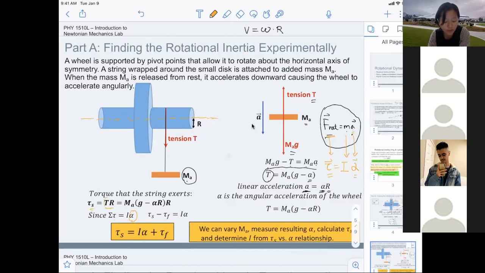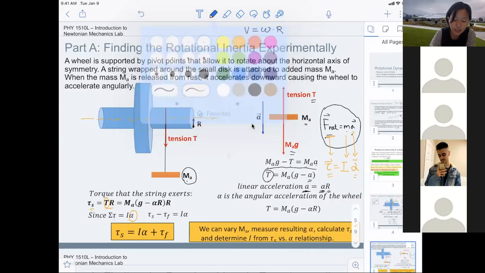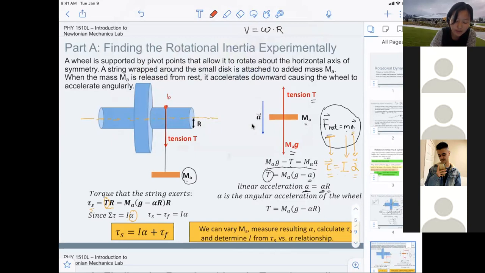So here the force is our tension, because tension is the one that makes it rotate. The lever arm, let me try to draw it on the diagram here. The lever arm is from where the force is being applied. The force is being applied right here, and it's rotating relative to this center axis.